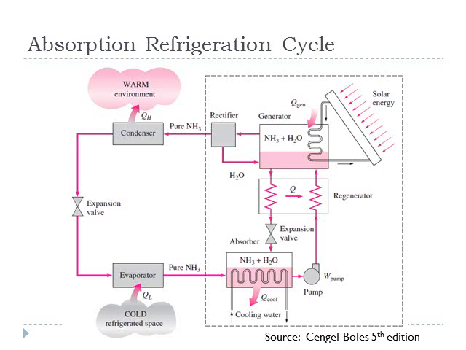Now, at the end of this absorber, we see a pump. The pump will take this mixture of ammonia and water and pressurize it up to very high pressure and supply it to a generator through a regenerator.